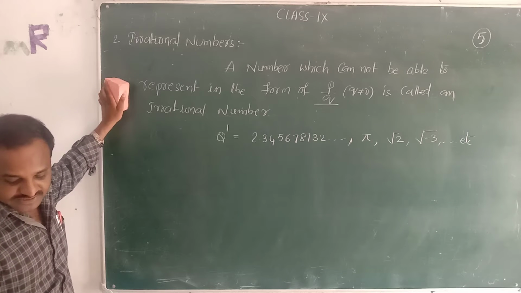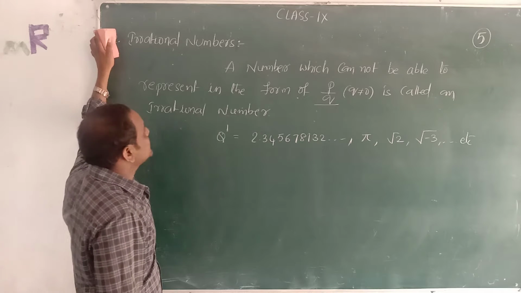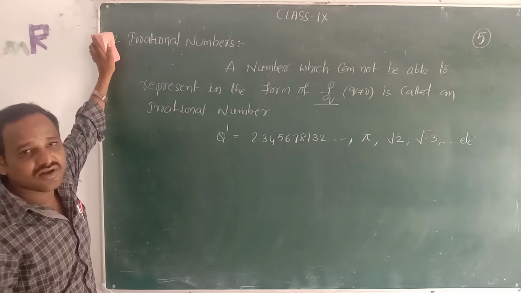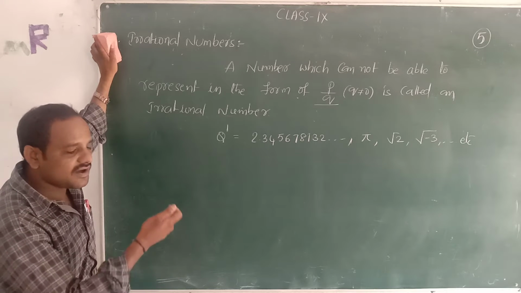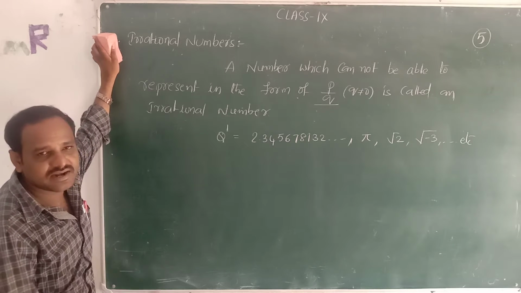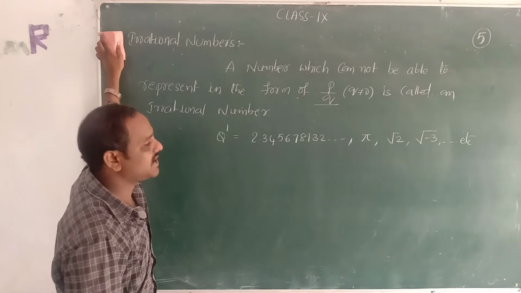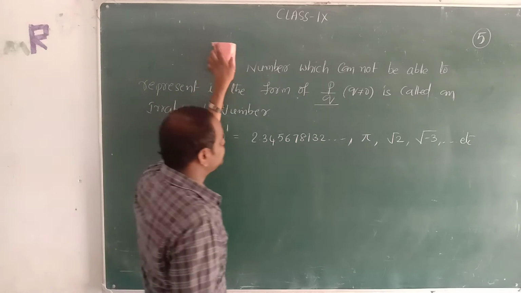First one is finding the value of an irrational number. That means finding the value of root 2. So how to find out the value of root 2? We will discuss.